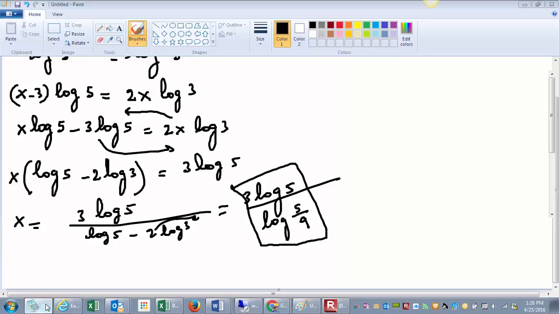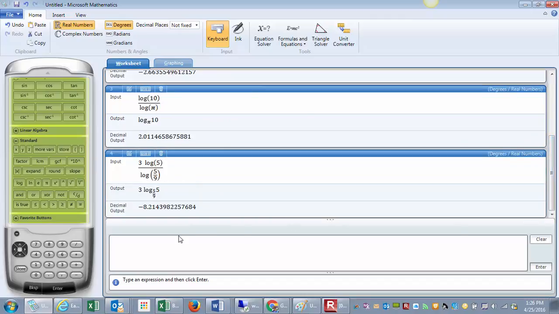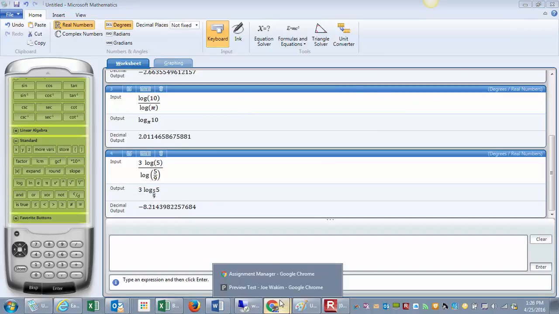And then in the calculator, okay, so I had the wrong answer. So this would be minus 8.2144. 8.214, since this is the nearest thousands, so 3 digits after the decimal. So let me try to put this in again.